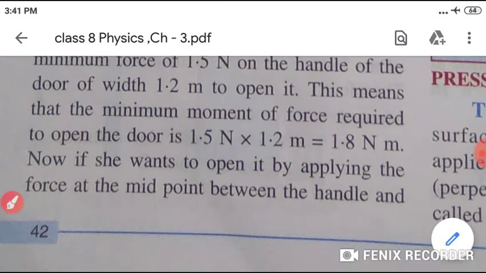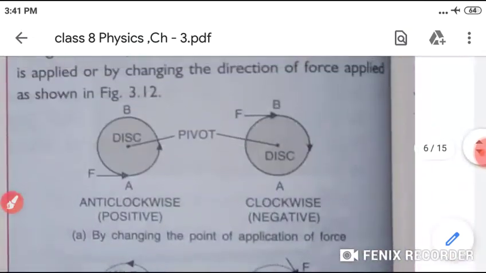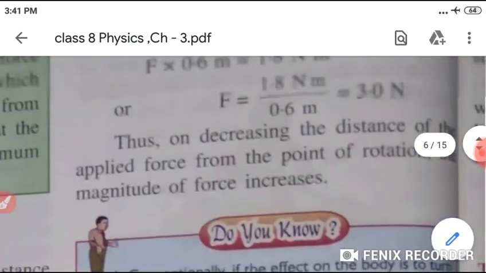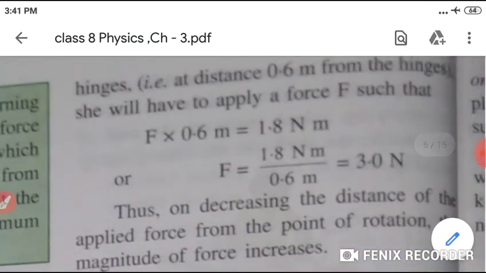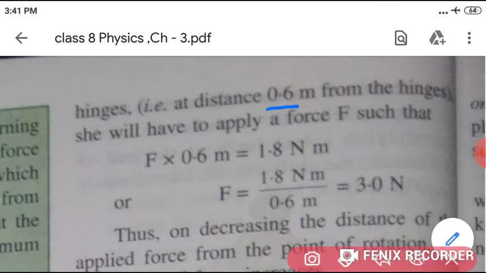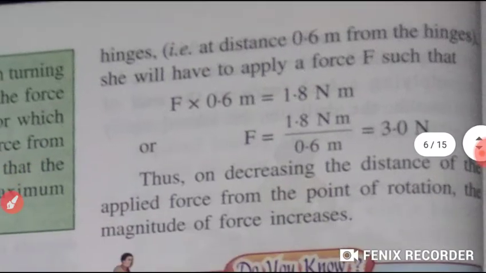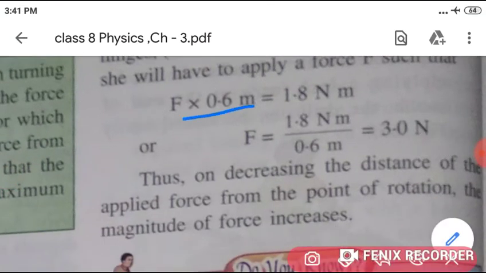Now, if she wants to open it by applying the force at the midpoint between the handle and the hinges, that means the distance is what? At distance 0.6 meter from the hinges. She will have to apply a force such that F multiplied by 0.6 meter is equal to what? 1.8 Newton meter.